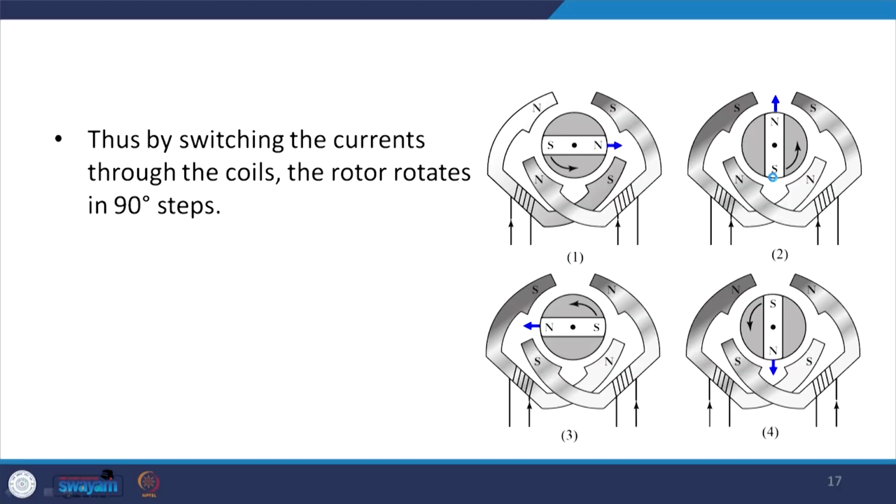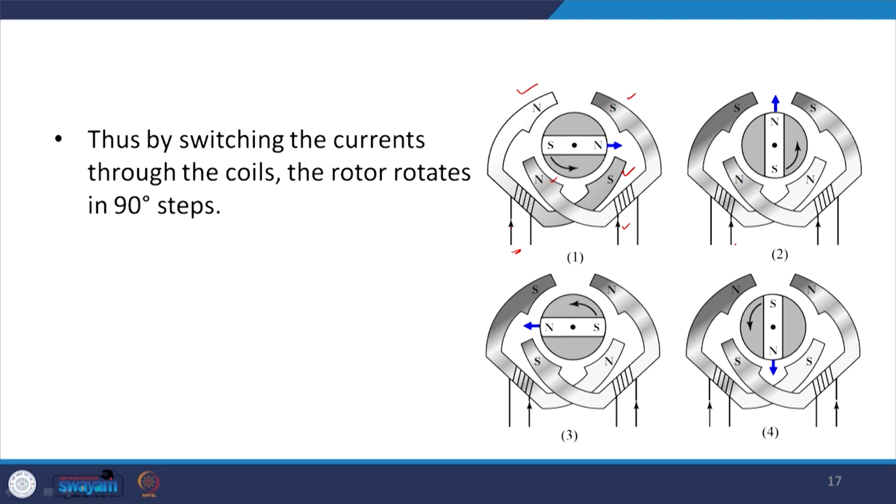As we can see in this figure, suppose in this one this is the direction of current. So, say this pole is north, this pole is south, and this is my permanent magnet rotor. In this one this is the direction of current, so this is north and this is south. Now, what happens if I change the direction of current over here?